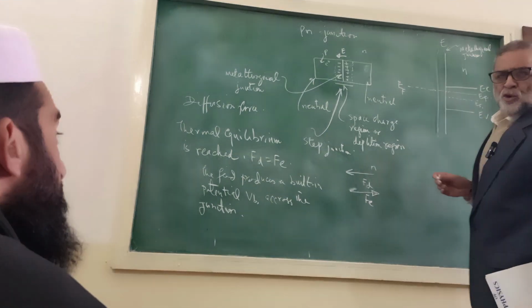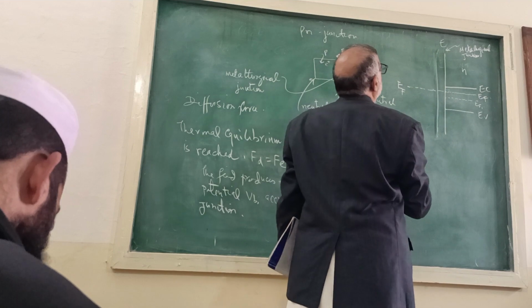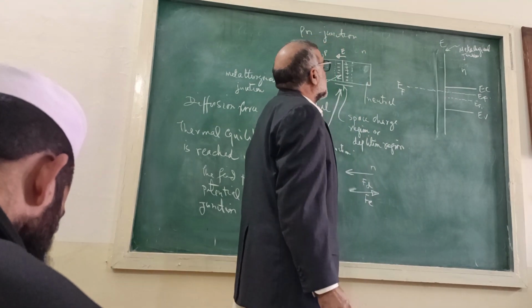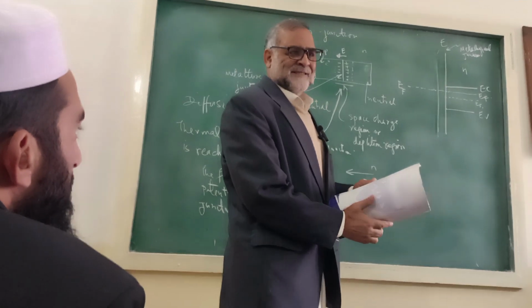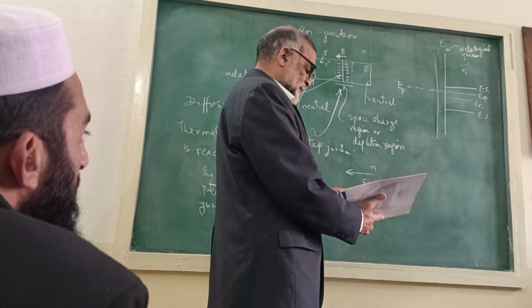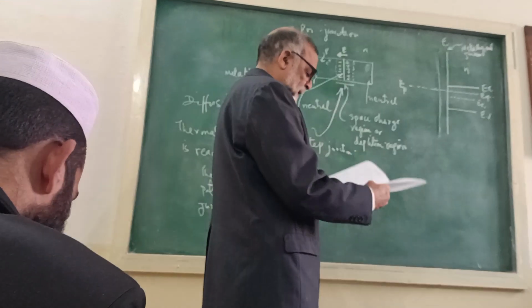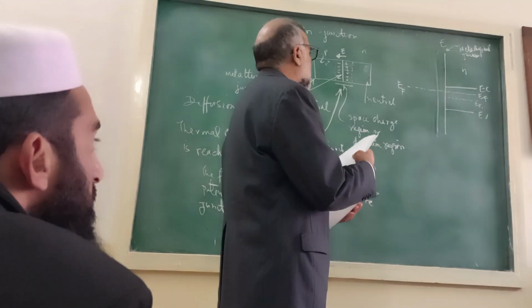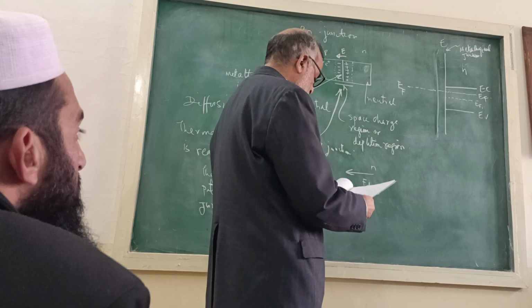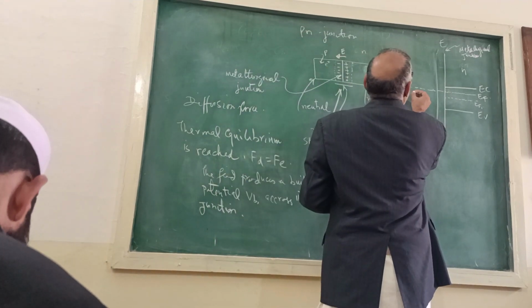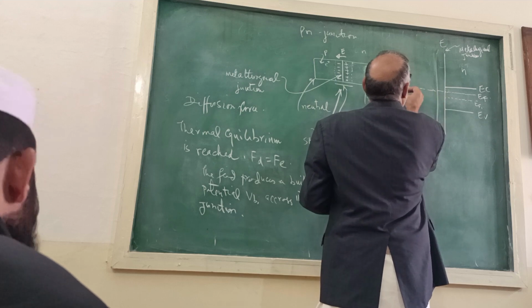Now in p-type, the Fermi level is close to the valence band. When you are doping p-type, the Fermi level moves closer to the valence band.